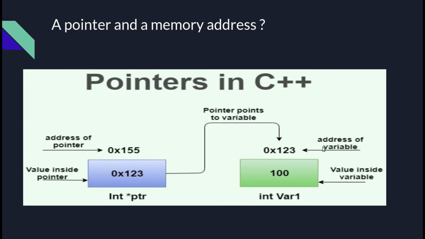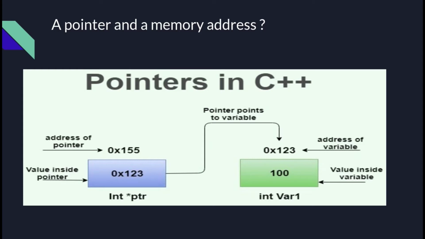But when we declare int asterisk ptr, that means I'm pointing to the address of the value 100. This is the meaning, and this is the difference between declaring a simple value and declaring a pointer to this data type.